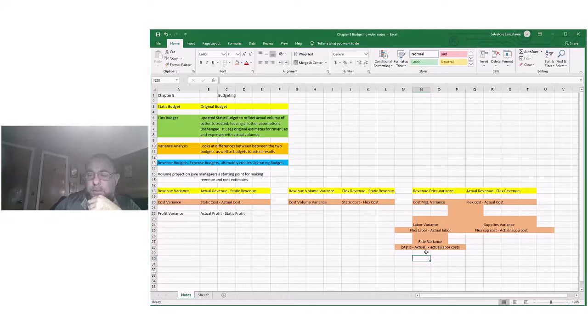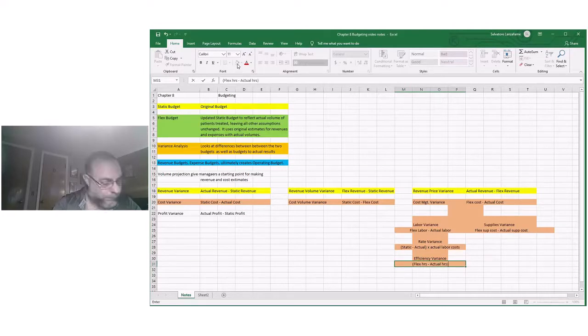We can also do what is called an efficiency variance. And in that situation, you take your flex hours and you subtract out your actual hours and you multiply that by the static rate.